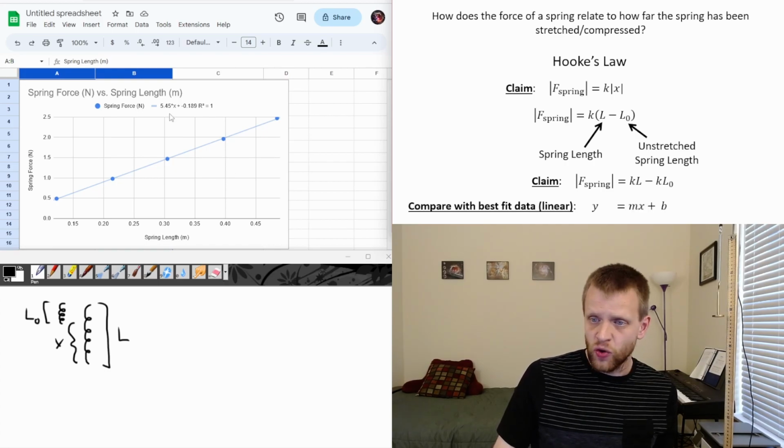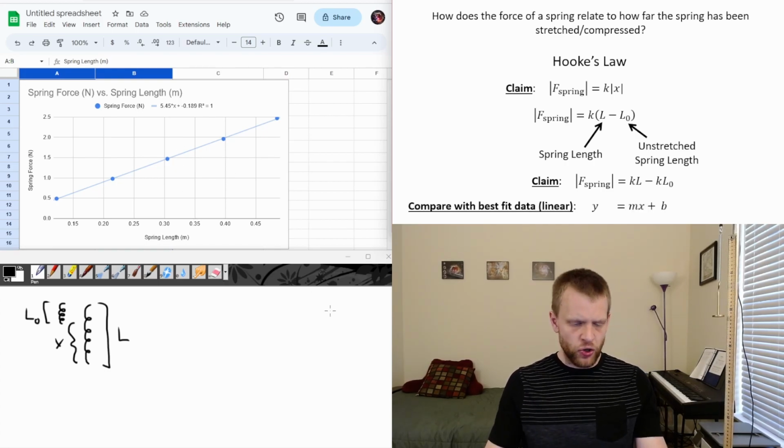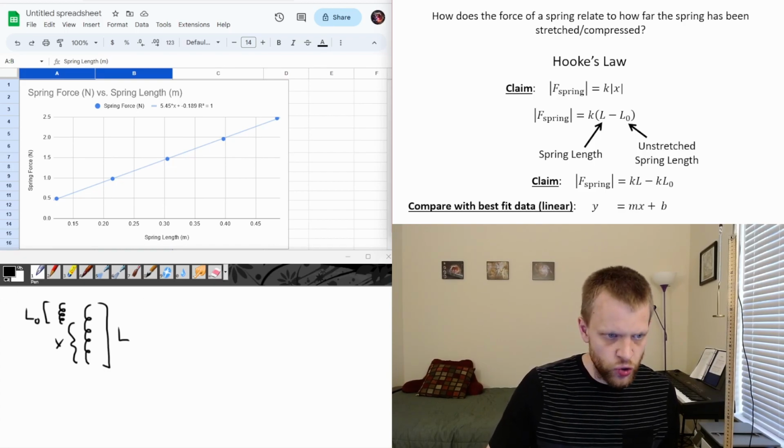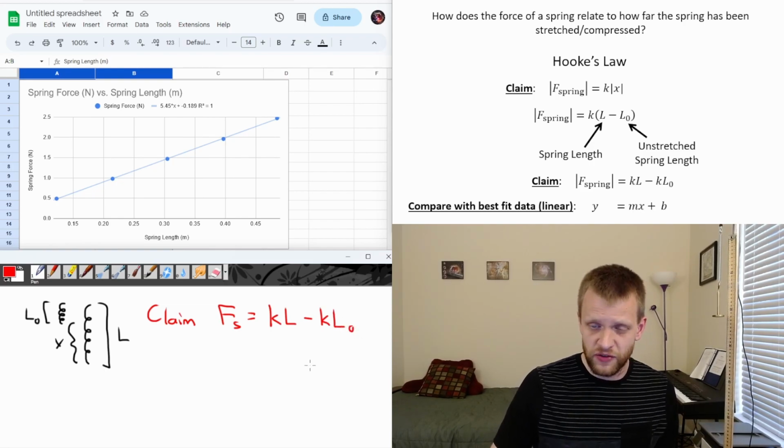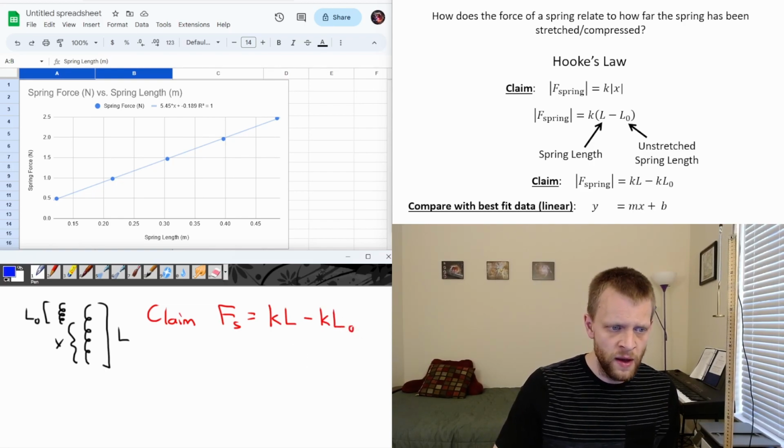In this case, we are looking at a linear fit. So let's write out these two equations and see how they can be compared with each other. Again, our claim is that the force of the spring is equal to the spring constant times L minus the spring constant times the unstretched length of the spring. Okay.